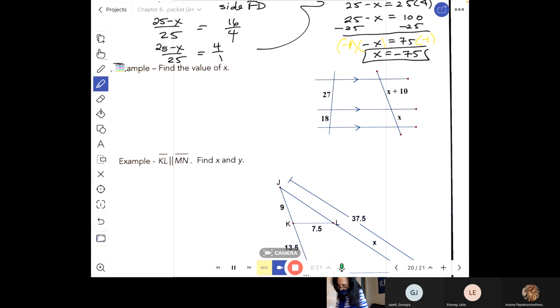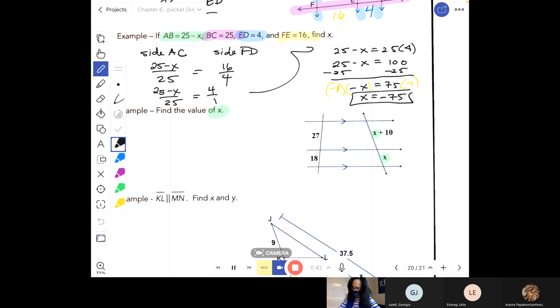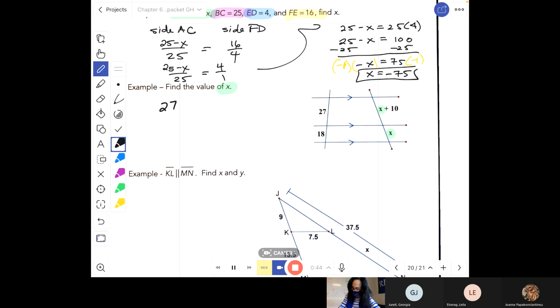All right, what is x in this next one? Find the value of x. Oh, I'm looking for x. Okay, let's compare transversals, shall we? Does anybody want to give me a proportion? 27 over 18 equals x plus 10 over x.